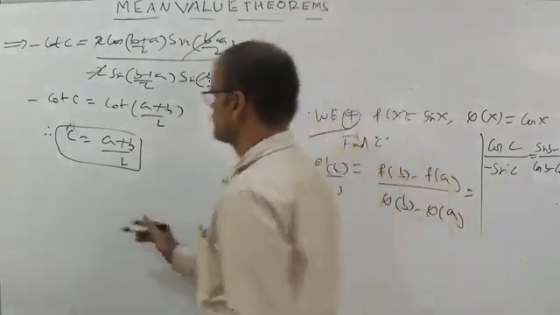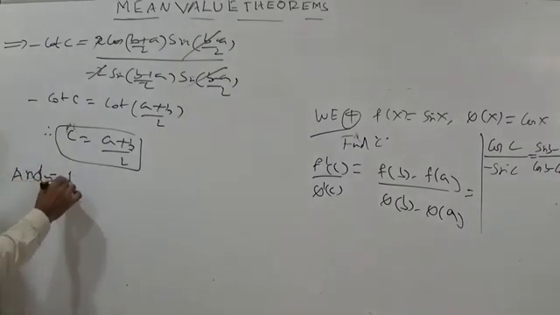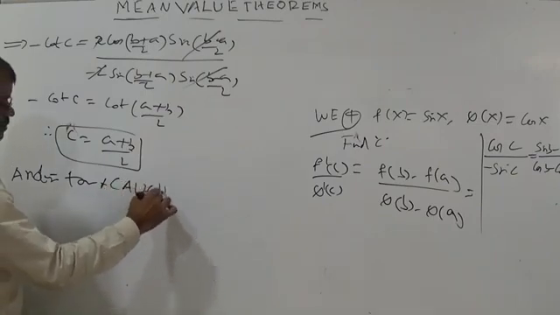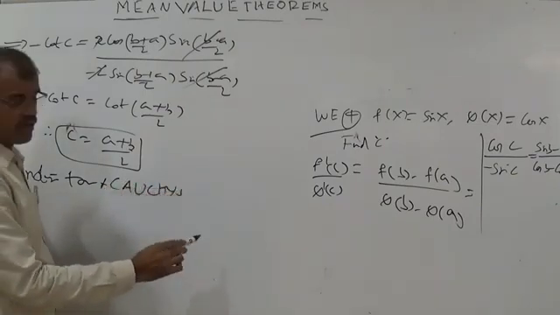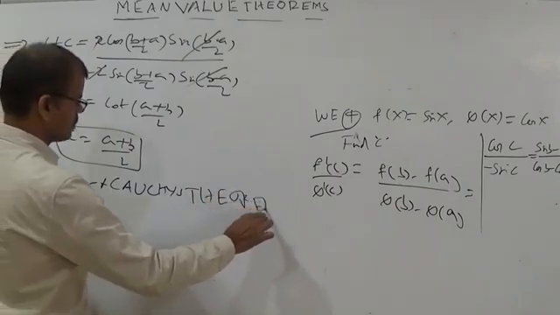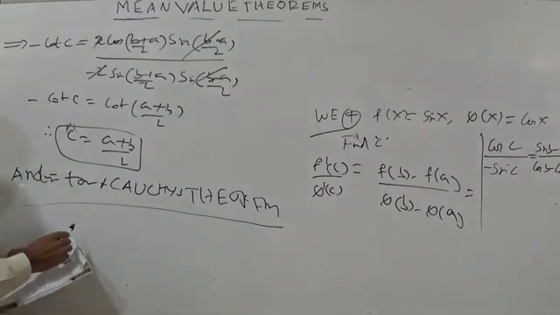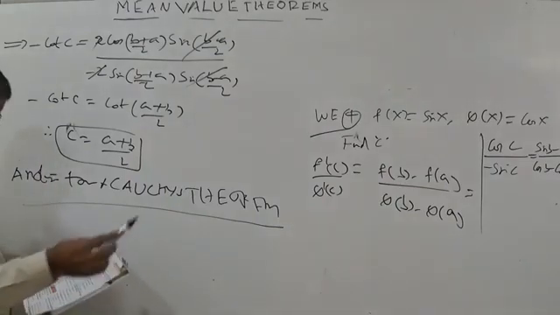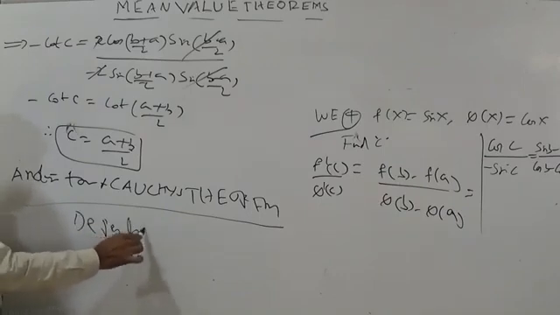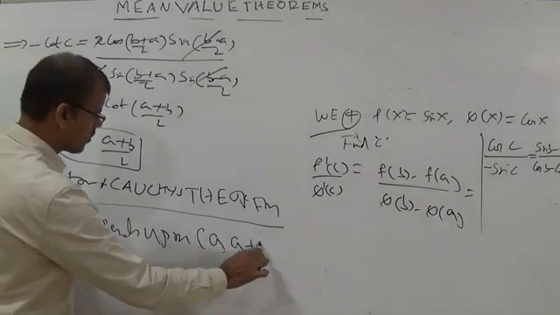Another concept also, just small, another form I am writing. Another form of Cauchy's theorem. Students, you can write phi dash x and f dash x, simply shortcuts I am writing, depends upon a comma a plus h.